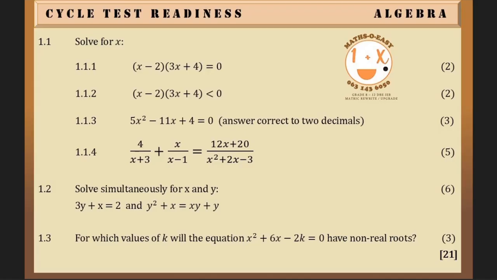I will do a dedicated video for nature of roots, so you can do all 3 and I will mark, and if it's incorrect we can then watch that video, but otherwise if it's correct you won't be having any problems. Do your best to get the full 21 marks.